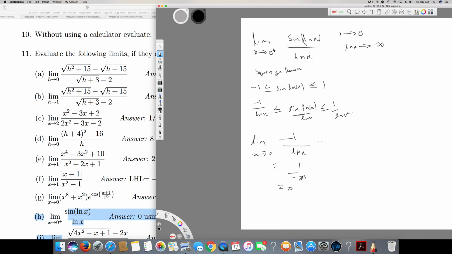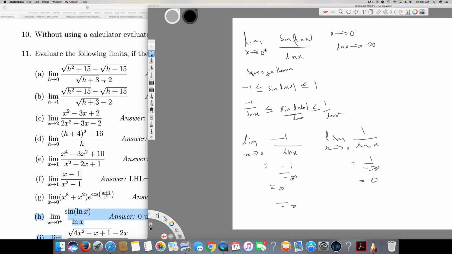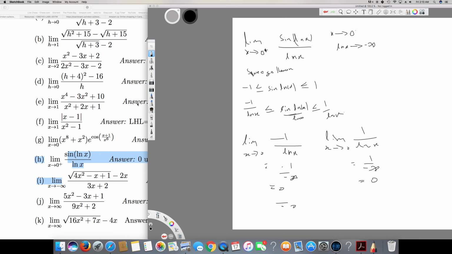Same thing goes for 1 over ln x: 1 over negative infinity, which is 0. Therefore the limit is 0. So that's how they got the answer, using the squeeze theorem.